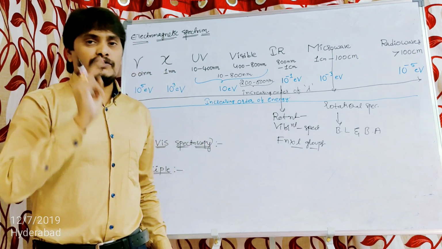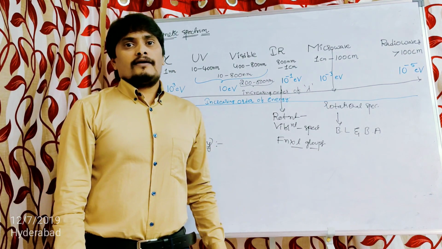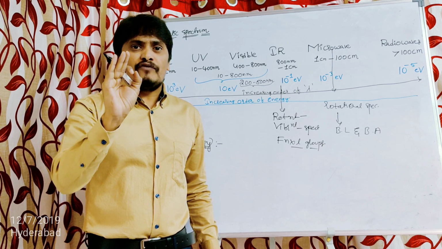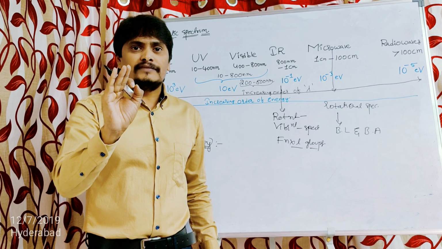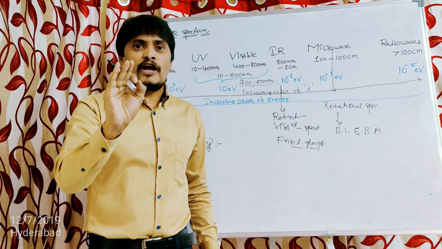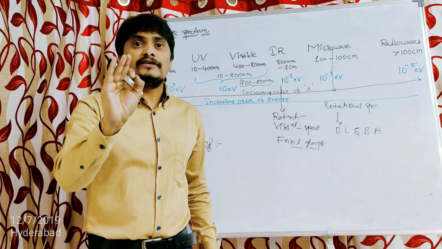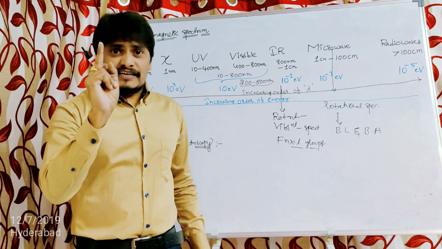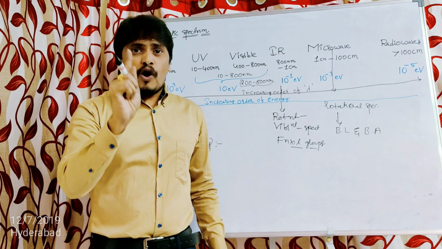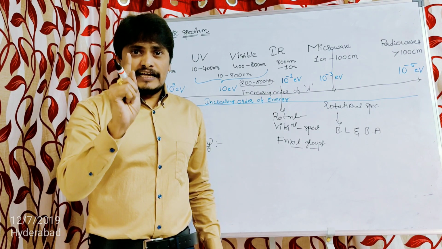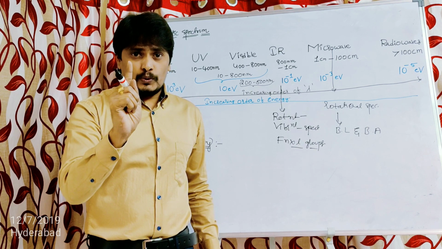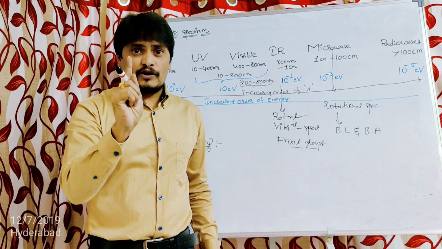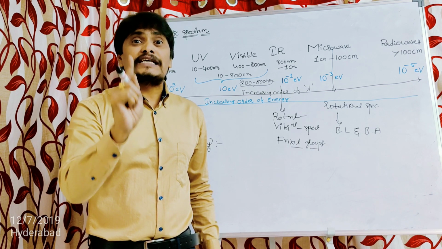The one reason is, students, there is no exact source of the UV visible radiation in the range of 10 nanometers to 200 nanometers. This is one reason. And the second reason is, in the range of 10 to 200 nanometers, the molecules become saturated.